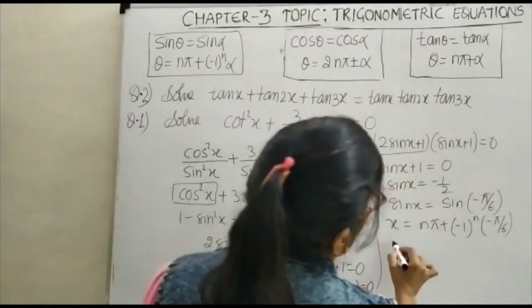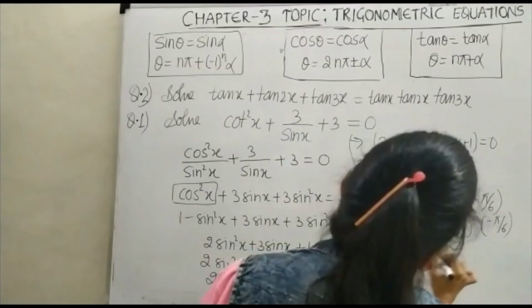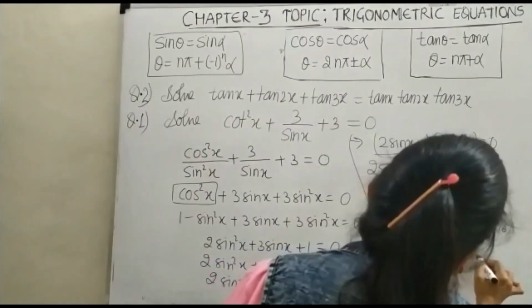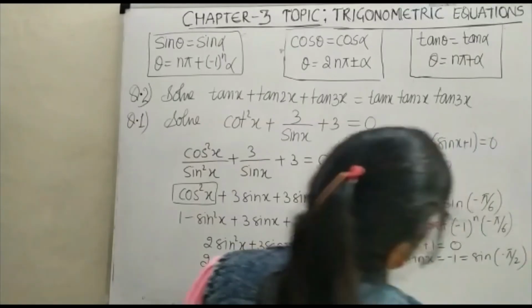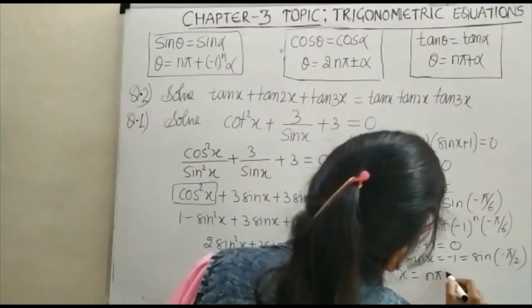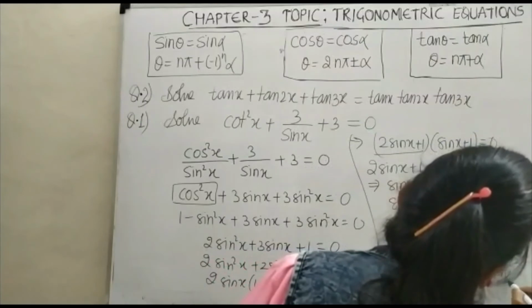In the next one, sin x plus 1 is equal to 0. sin x is equal to minus 1, that is sin minus π by 2. Okay. Now here x is equal to nπ plus minus 1 raised to n minus π by 2.